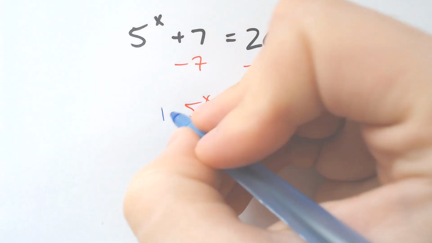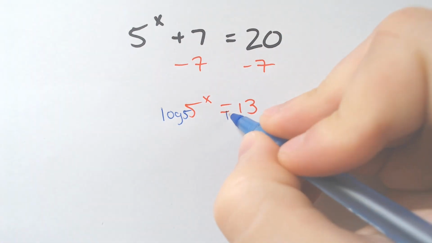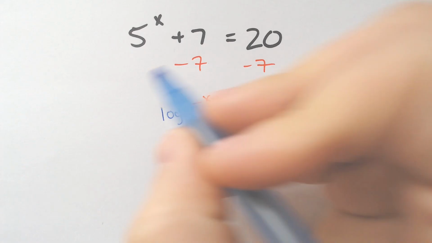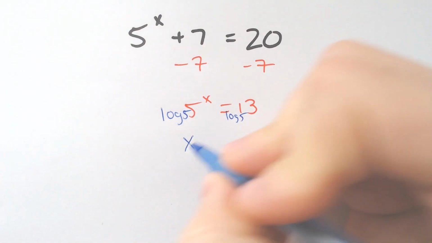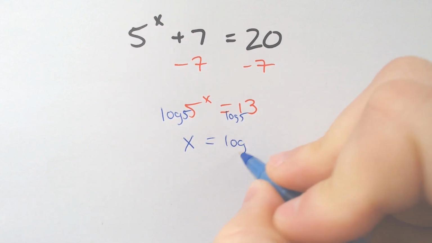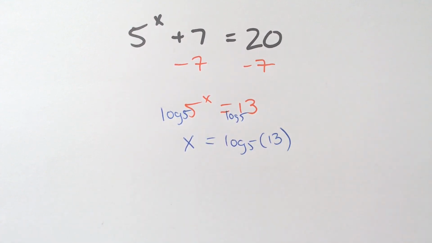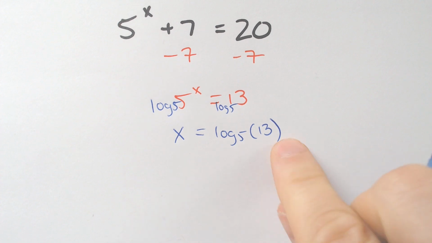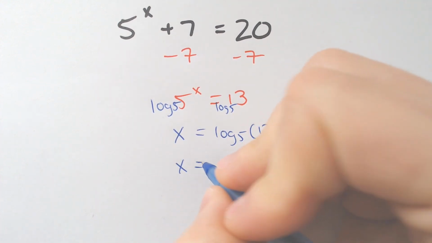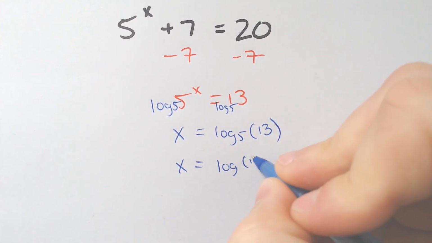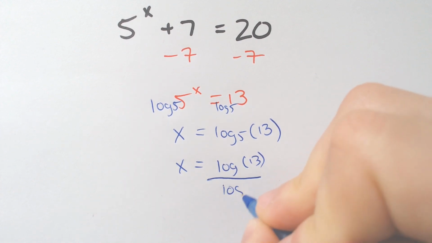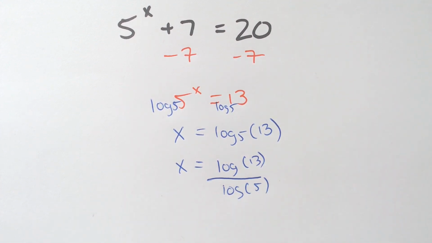Instead of logging whatever you had before, you just log base 5 both sides. And the log base 5 of 5 cancels out, leaving you with x is equal to whatever log base 5 of 13 is. So you can type log base 5 of 13 in your calculator, or log 13 divided by log 5, depending on how fancy your calculator is.